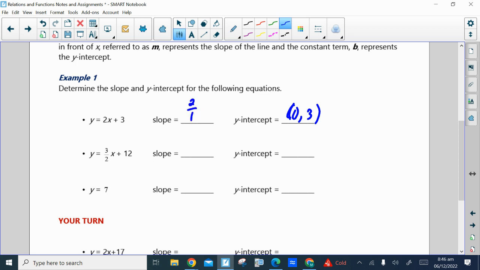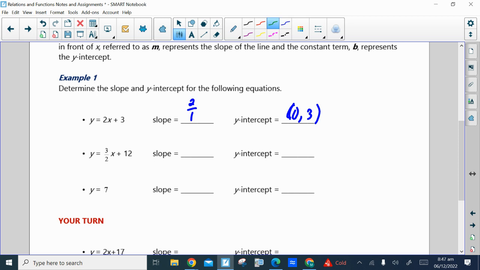And when we talk about slope, we mentioned this last class that slope is known as rise over run. So we can talk about slope in terms of a fraction. And that number 2 can be written over 1, and it doesn't change its value, but now it's in the form of slope, which remember is the change in y over the change in x, or the rise over the run.